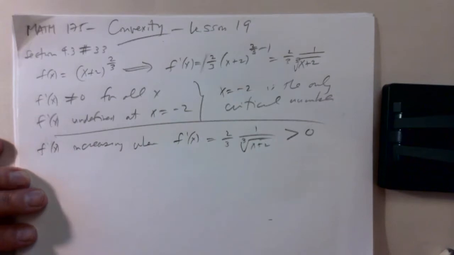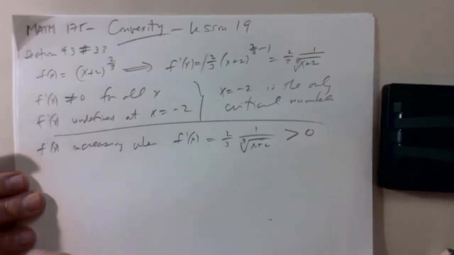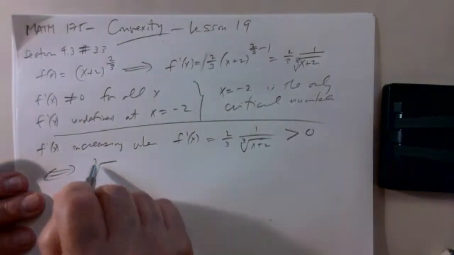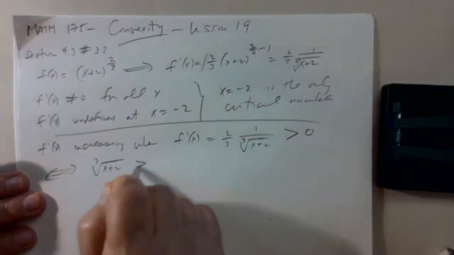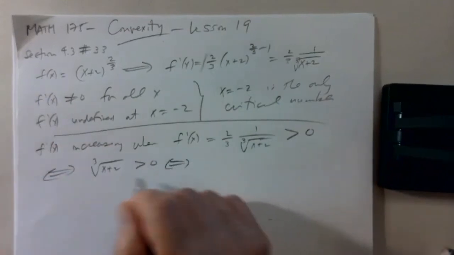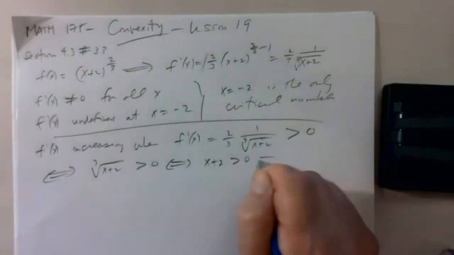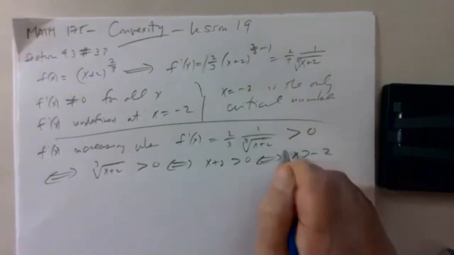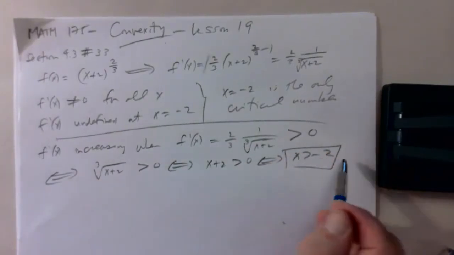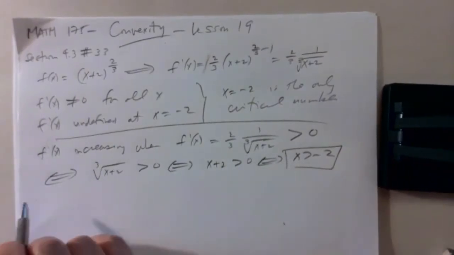A fraction is positive if the numerator is 1 when the denominator is positive. So this is the same as saying the cube root of x plus 2 is greater than 0. And the cube root of a number is greater than 0 precisely when the number is positive. So from -2 to infinity, the derivative is positive and the function is increasing.